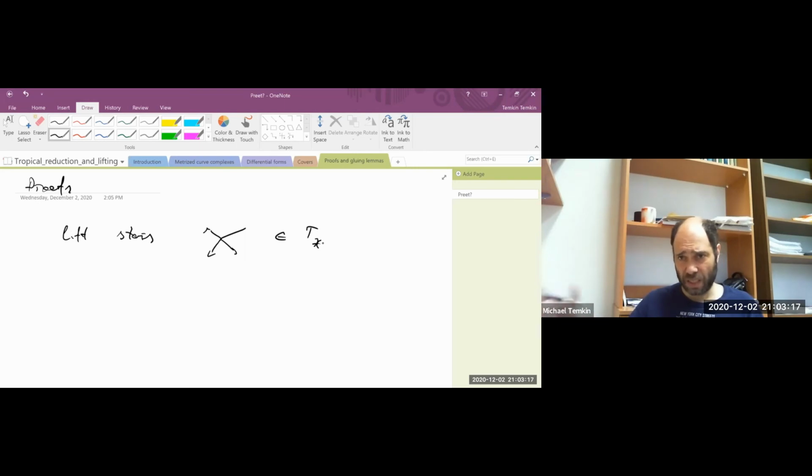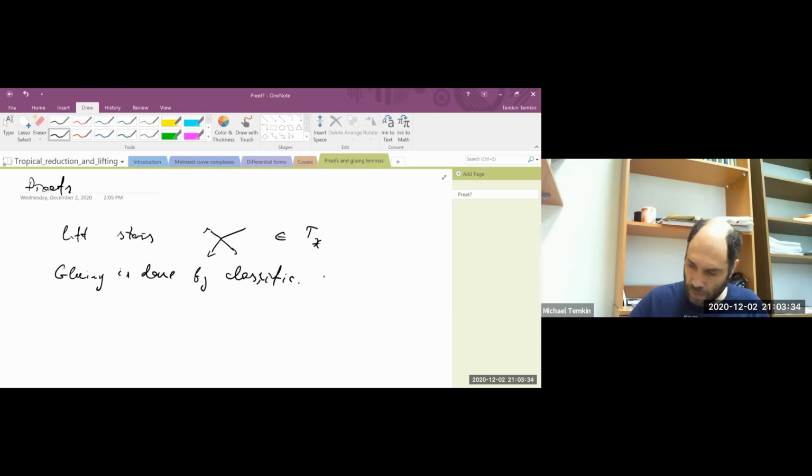It's easy, it's even essentially unique if we are local enough. The question is about gluing. This is a real difficulty, and gluing is done by classification over annuli.